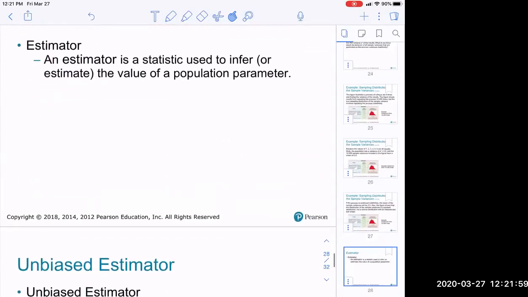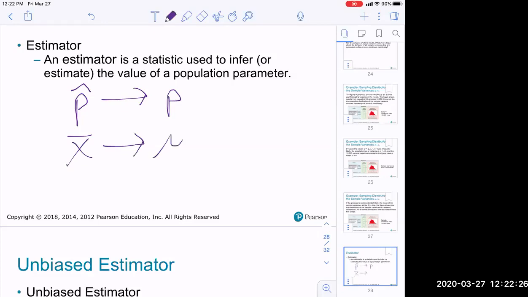Estimator. So really, this is what we're doing in statistics. We will take sample proportion p hat to estimate the parameter p, the population proportion. We will use X bar to estimate the population mean.